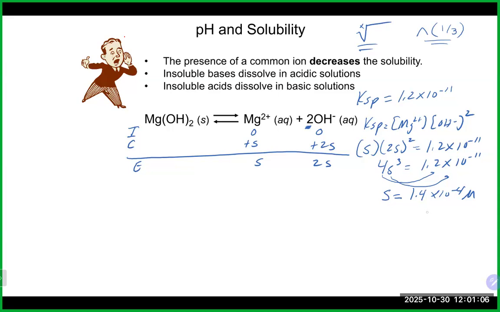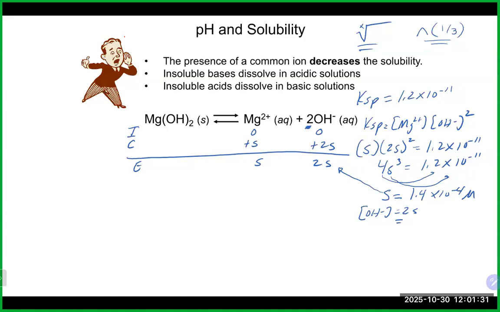And in terms of the pH, we actually can put this S back into here and get a hydroxide concentration. So if I put it in for my hydroxide, it does equal 2 times S, which would give me 2 times 1.4 to the minus 4.